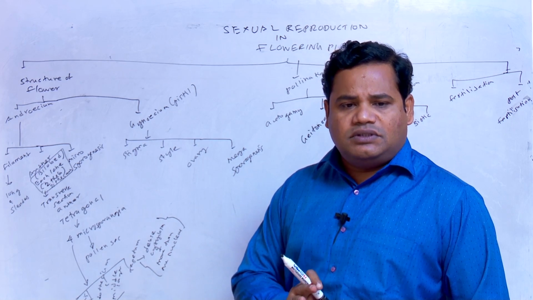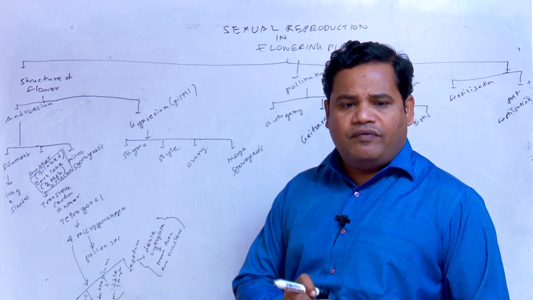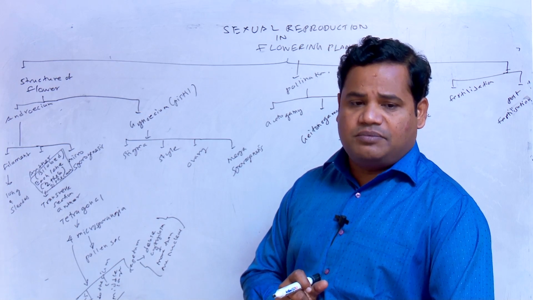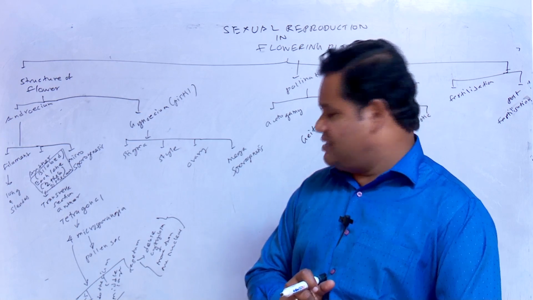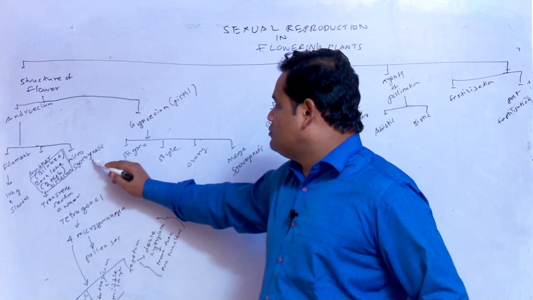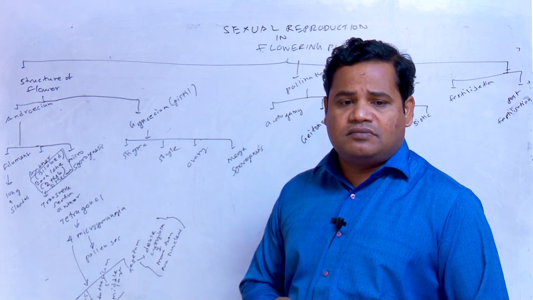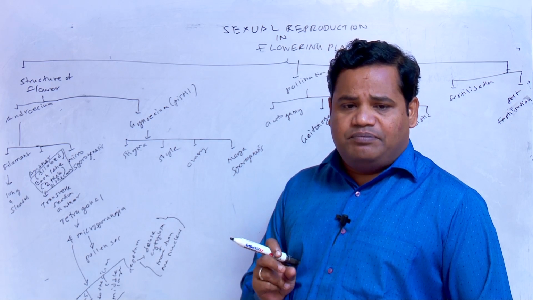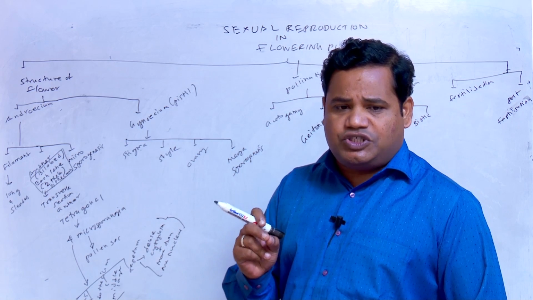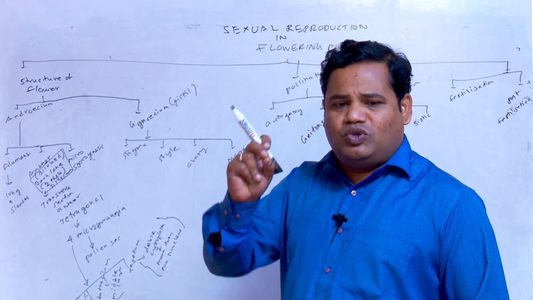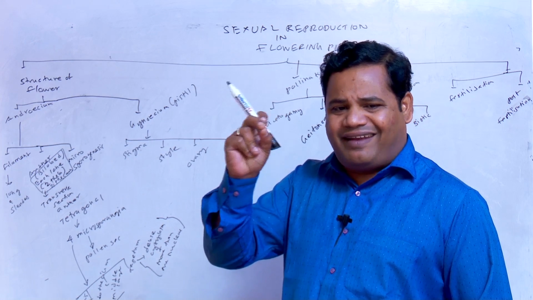The next concept is microsporogenesis, that means the formation of microspores, that is pollen grains. The anther develops sporogenous tissue, which undergoes meiotic division to produce microspore tetrads.